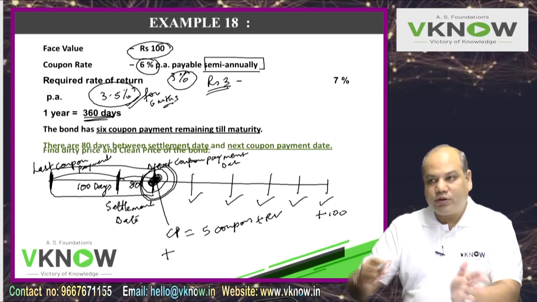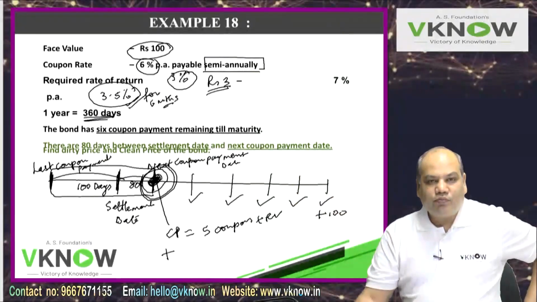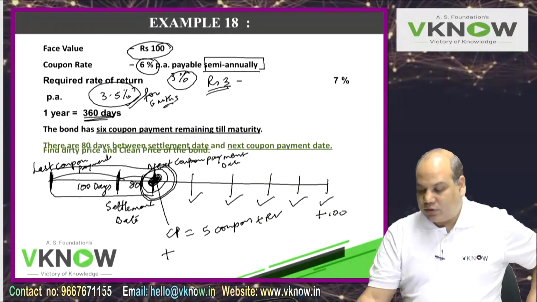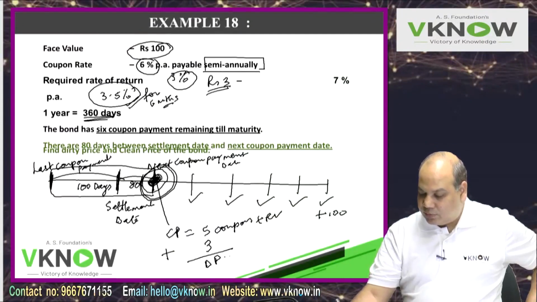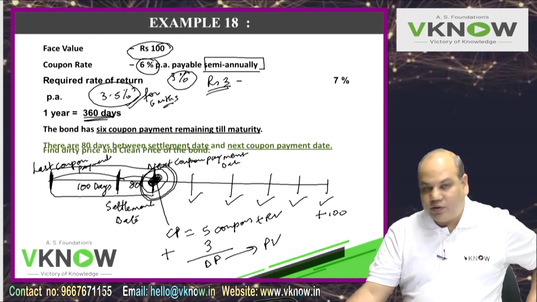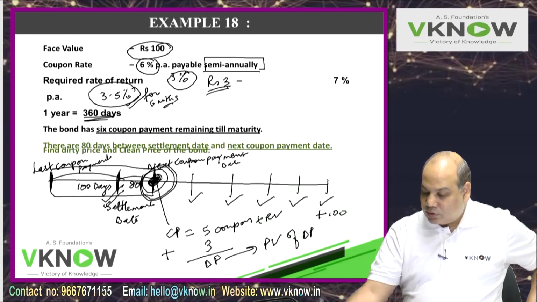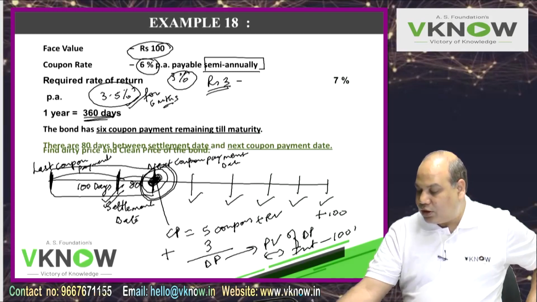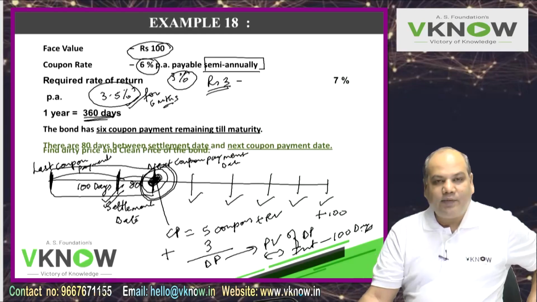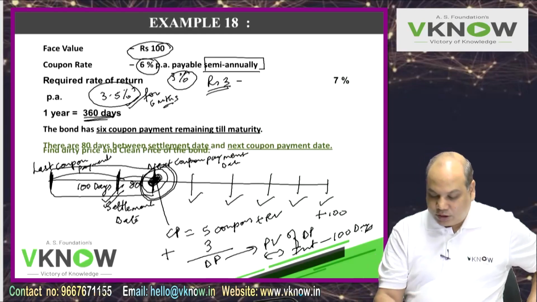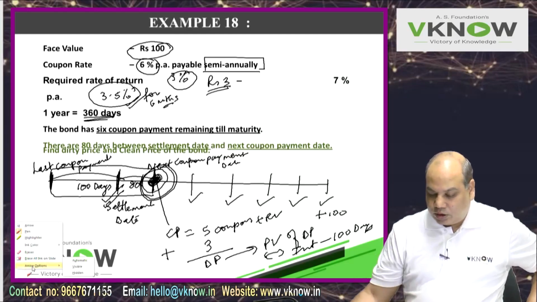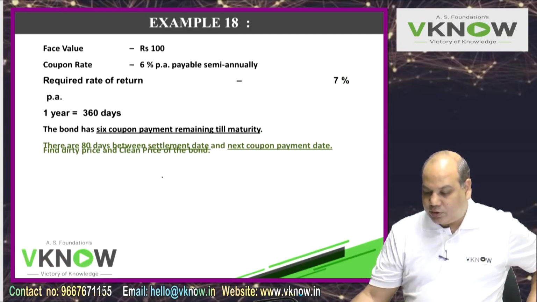So out of 6, 5 will be paid in the future and 1 will be paid on the next coupon payment date. So I will add 3 rupees to your previous answer. That will give me dirty price. I will calculate present value of dirty price. I will reach here, and then I will deduct the interest accrued for 100 days, and that will give me the clean price of this bond.